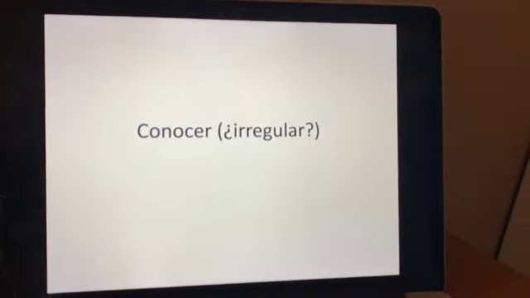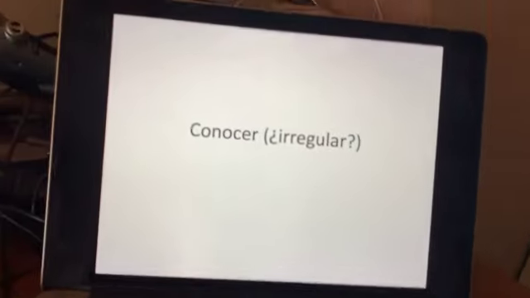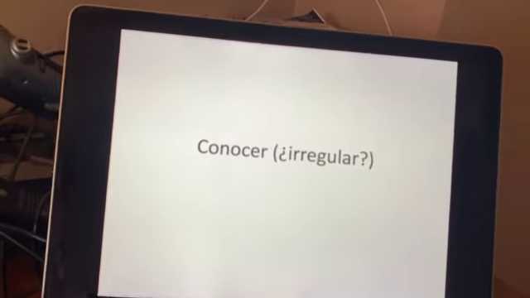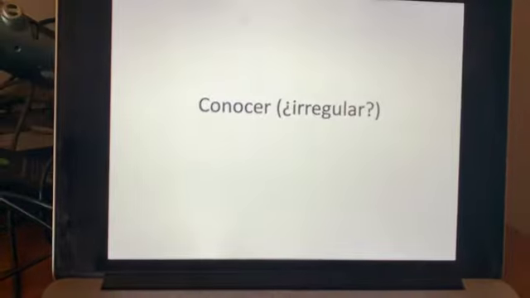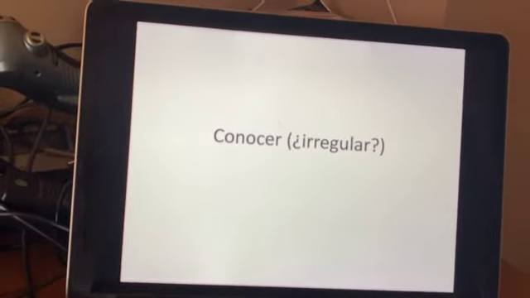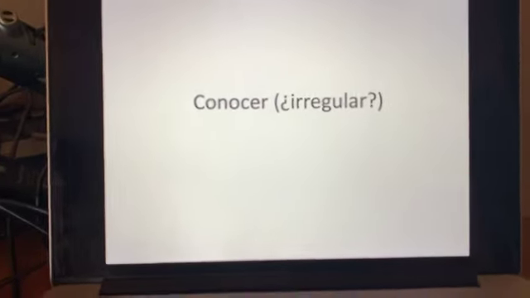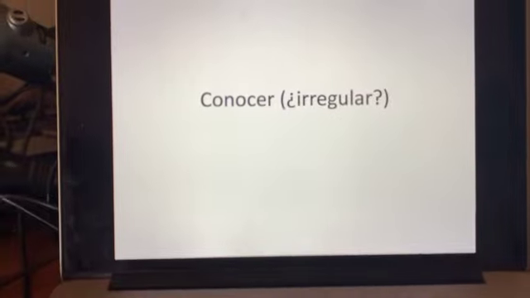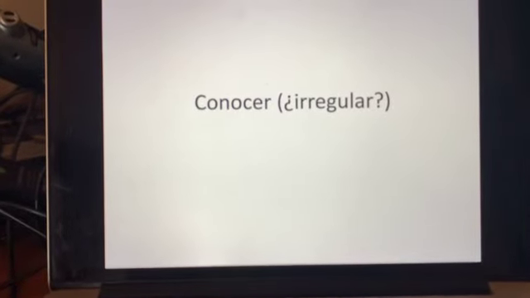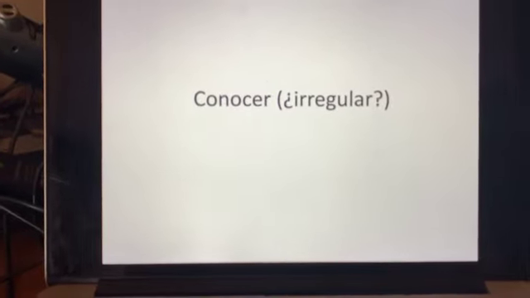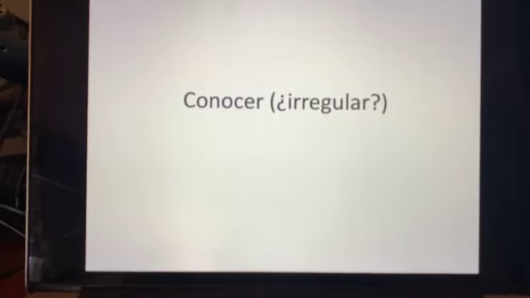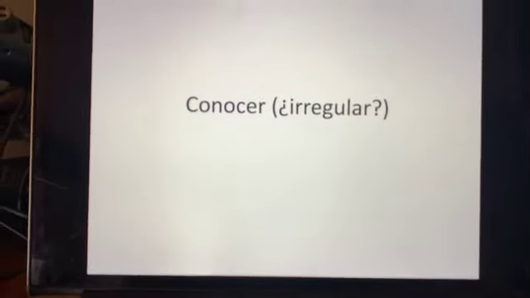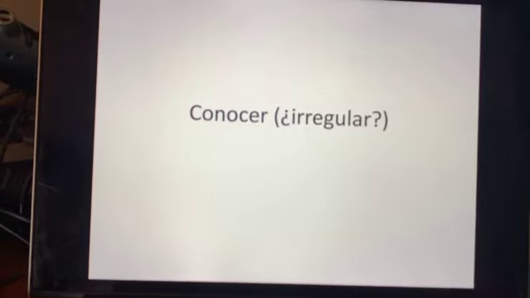Then, this actually isn't irregular, but I wanted to bring it up because just like saber, conocer has a little bit of a different meaning in the preterit. So think back to what we saw in chapter 4 in Spanish 1, towards the end of that semester. What's the difference between conocer and saber?